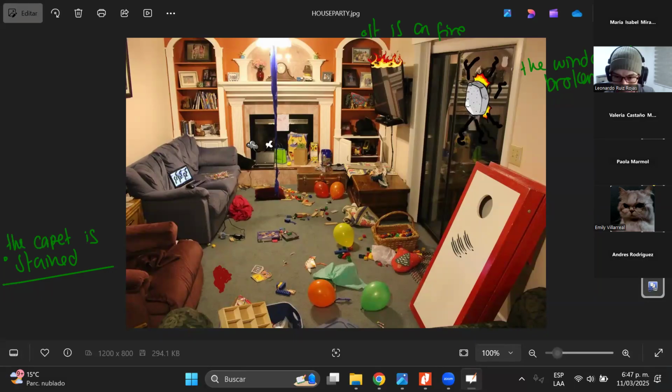And Andres immediately gave us the solution. So he says the window is broken. So what does it need? Painting? No, that's not the solution. The solution is to replace it or to change it. So the window is broken. It needs to be changed. Muy bien. Very good.